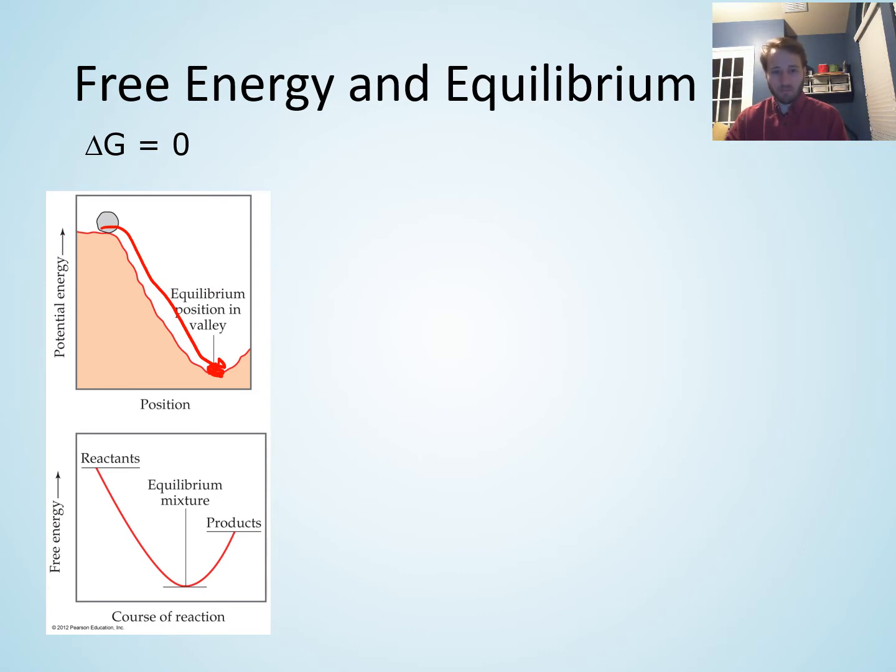Instead of potential energy, you have a free energy change. Your delta G gets lower and lower as your reaction proceeds to form more and more products, until eventually you reach your equilibrium concentrations of products and reactants, and then you stop because you've reached the lowest possible free energy.